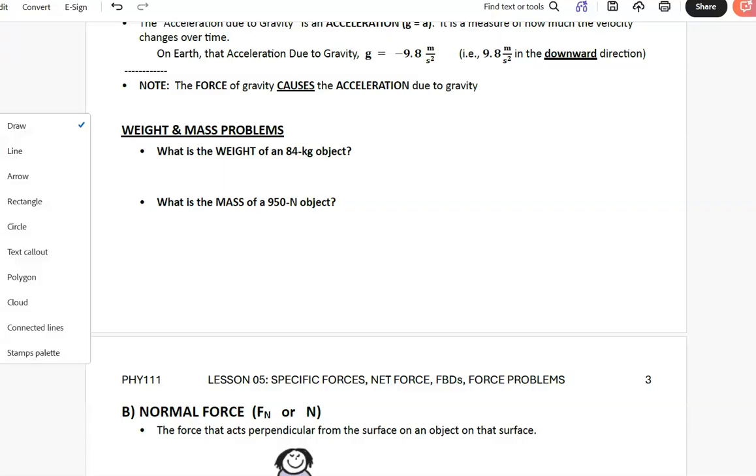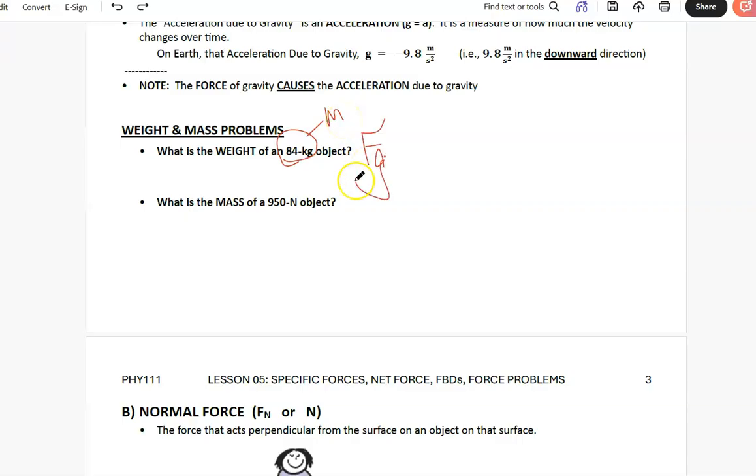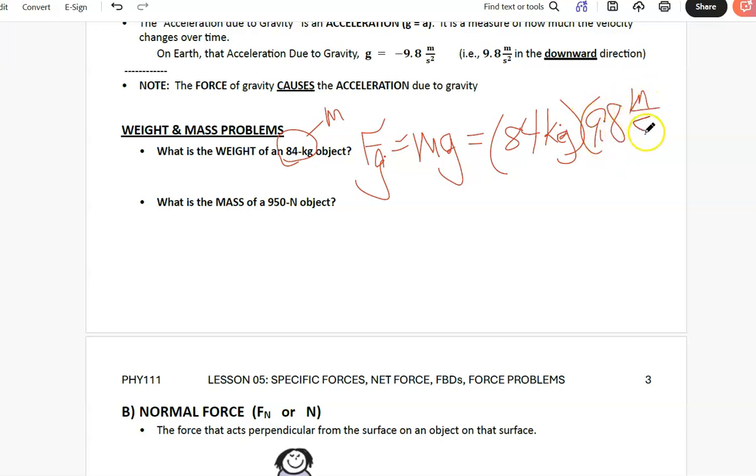It says, what is the weight of an 84 kilogram object? Well, the second you see kilograms, that's the mass. And the weight is just equal to m times g. 84 kilograms, that's your mass. We always use kilograms in physics as a unit of mass, times 9.8 meters per second squared.